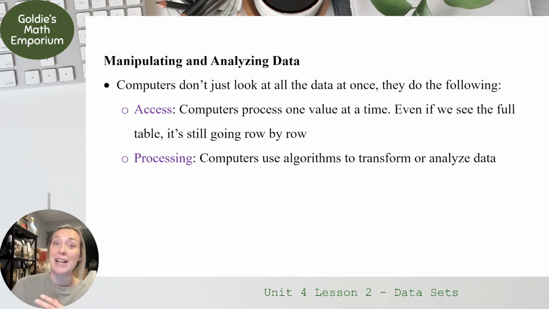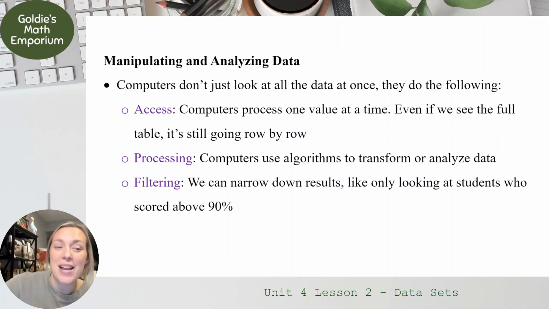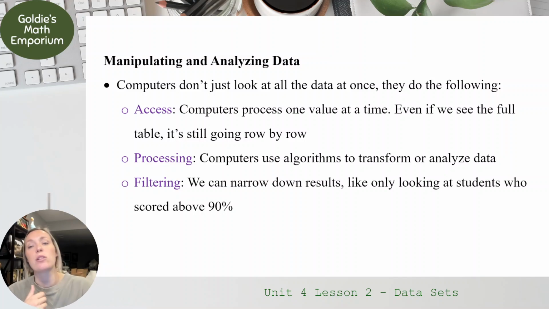And that's really what the rest of this unit after this lesson today is going to look at, is how we access the data in whatever form we have it, and then how we use algorithms to decide what to do with that data. Okay. And then filtering, they also filter data, narrow down results. For example, if we have student grades, looking at students who only scored above a 90%.